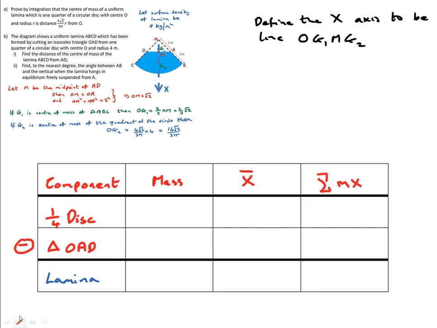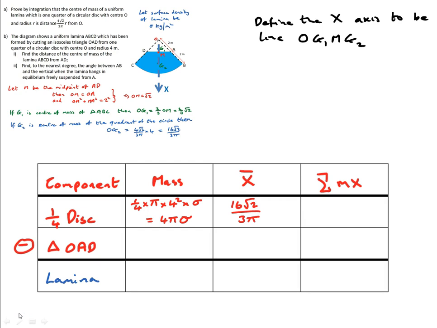So for the first part, the quarter disc we know has got an area of a quarter times pi times 4 squared. So that's 4 pi, so its mass is going to be 4 pi sigma. Now, the centre of mass for the whole quadrant is the point G2, and we know the distance OG2, in other words the x-coordinate of that centre of mass, is 16 root 2 over 3 pi.